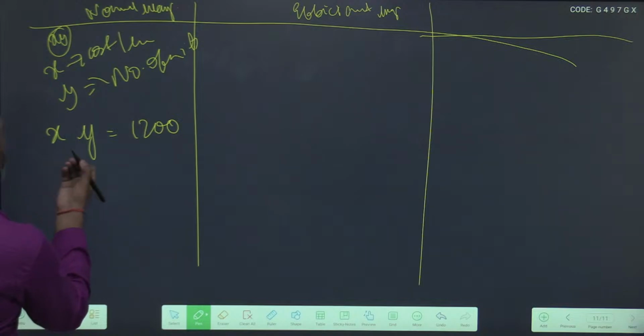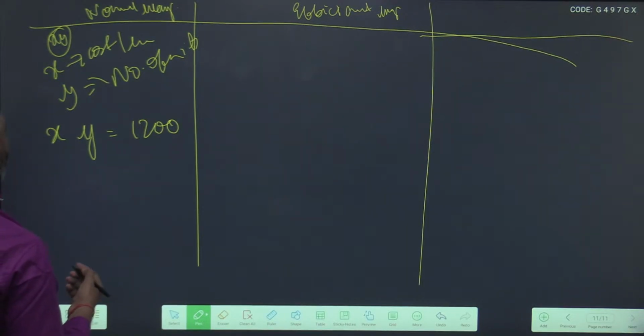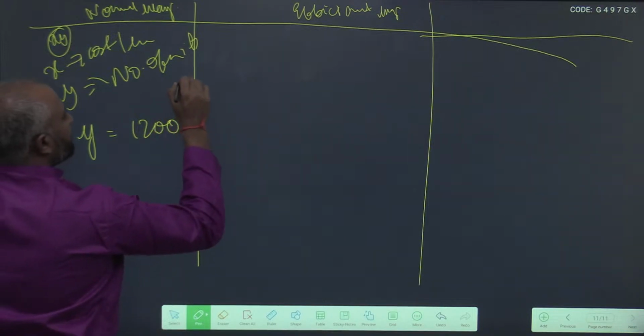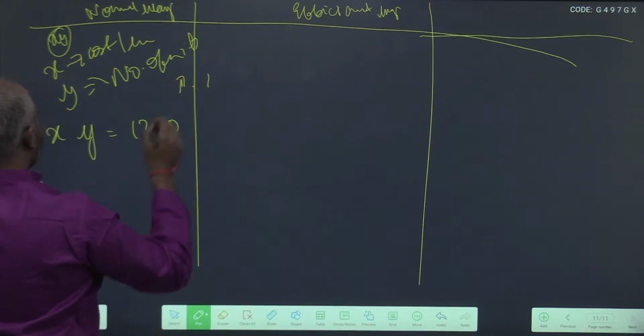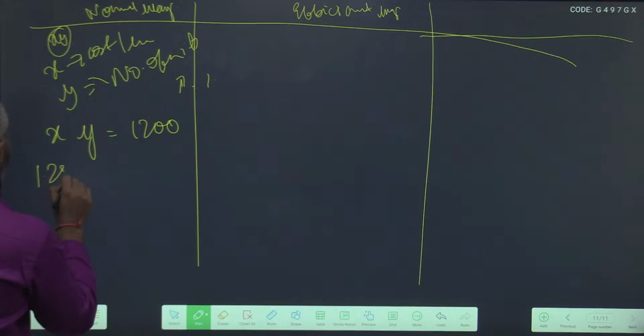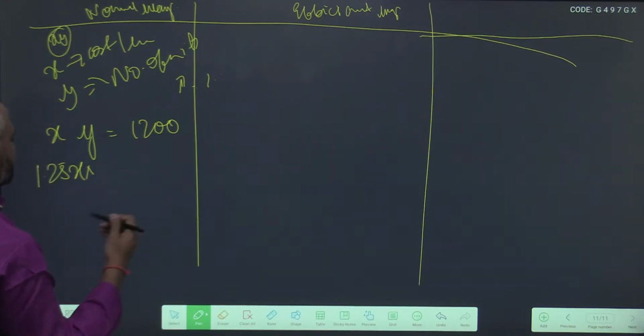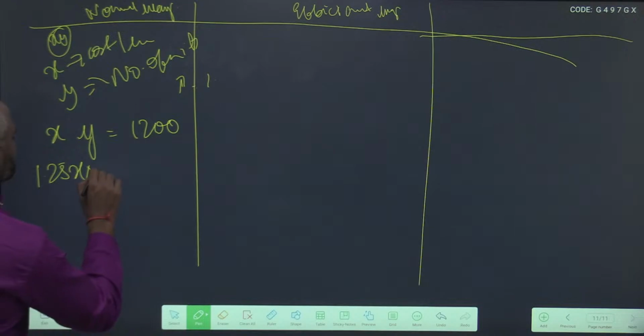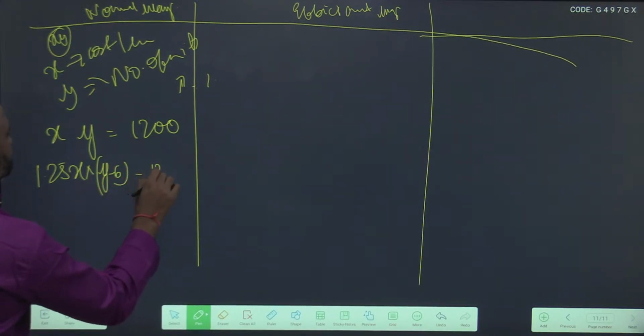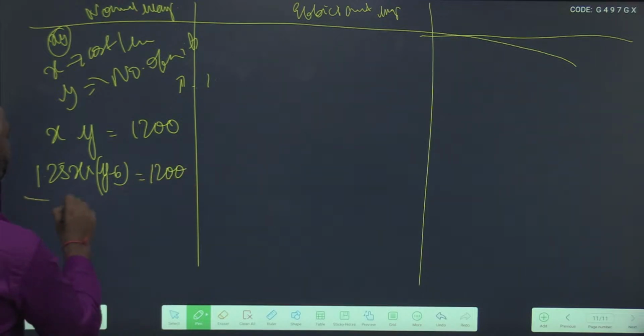Now x has increased by 25%, which is 1.25x. This has led to a decrease in the consumption by 6 kgs, and you will get the same value.